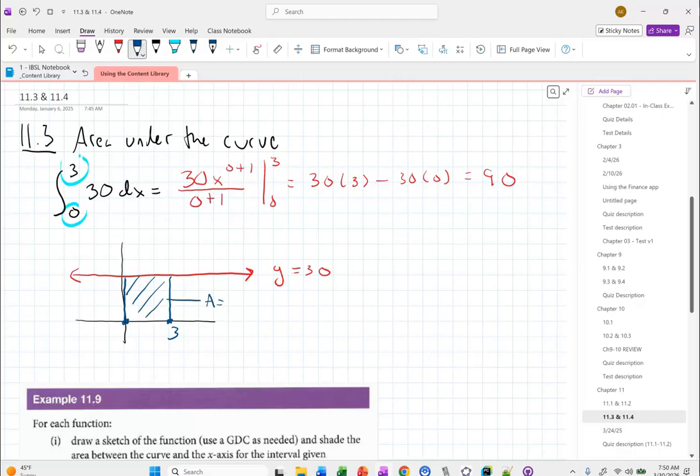If I look at the area under the curve that's bounded by the bounds of integration, well, this is a rectangle that's got a height of 30 and a width of 3.